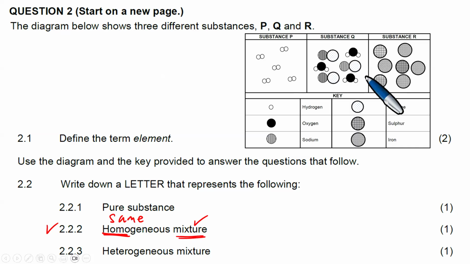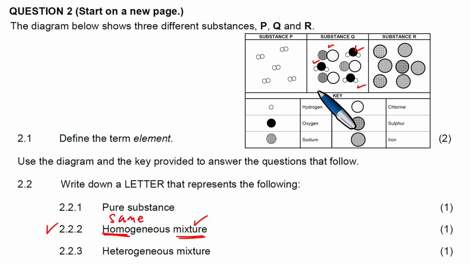So Q can be regarded, for instance, as a mixture, but is it homogeneous? Are these things exactly the same? For example, in Q, you're able to see that this one is the same as this, and it's the same as that.